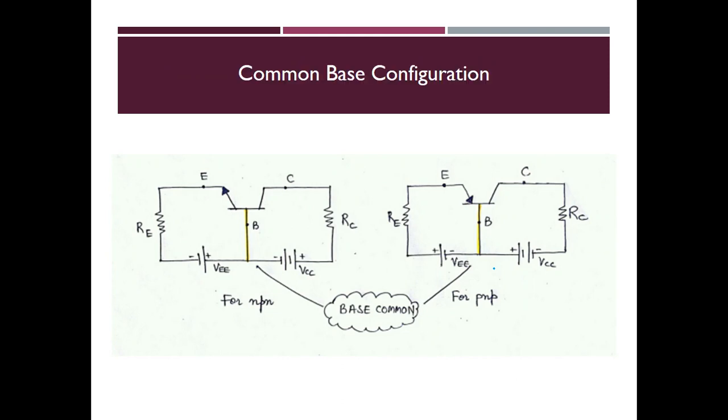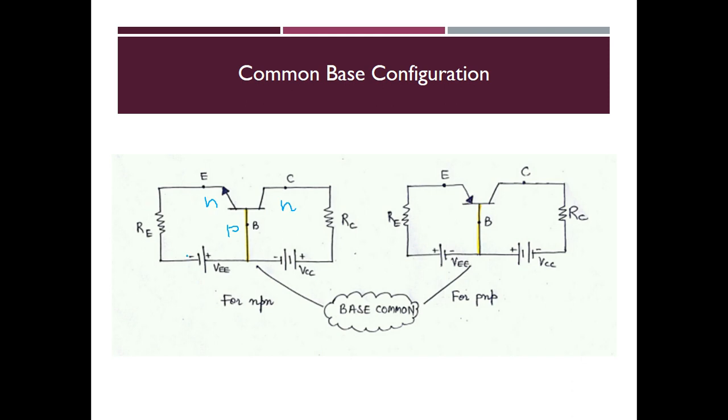Here we have been given the connection setup of a common base in both the N channel as well as the P channel BJT. This is the emitter terminal, the base terminal, and the collector terminal. This is N type, this is P type, and this is N type.